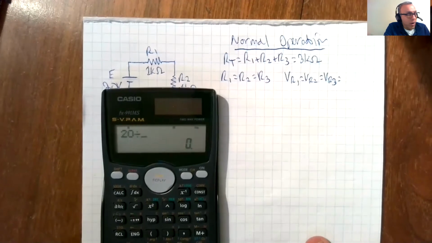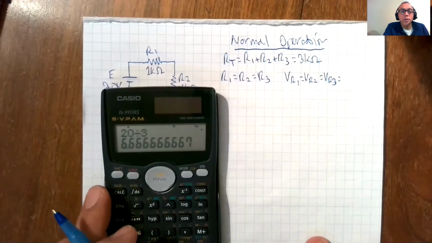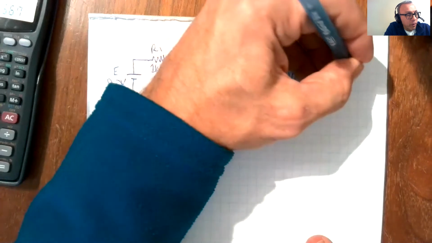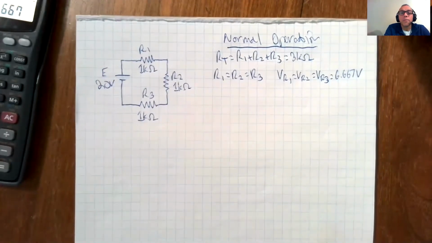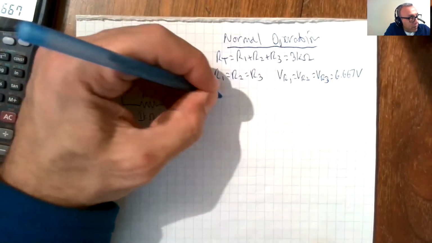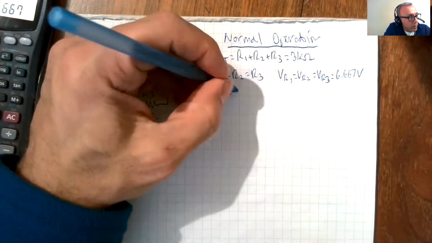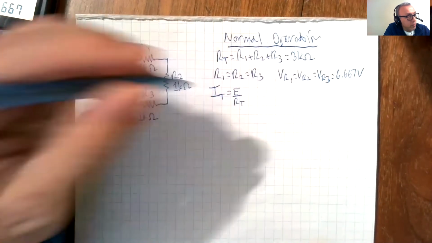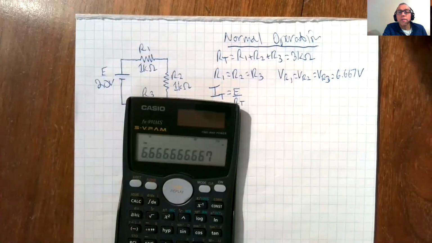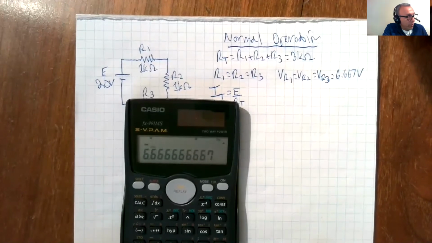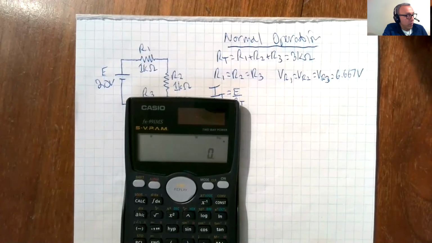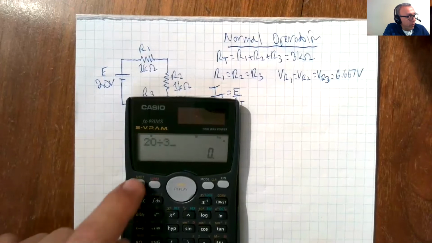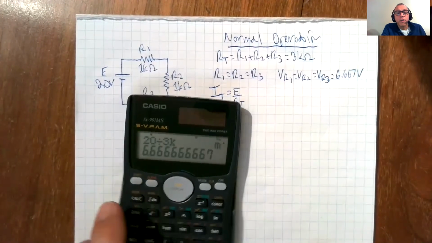Okay, we're now experts in this, so we're going to go through that part quickly. 6.667 volts. And then IT is equal to E over RT, which is 20 divided by 3K. And there we go, 6.667.